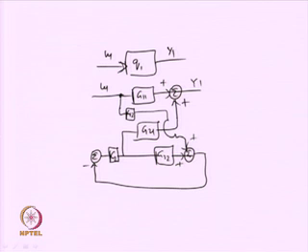So, how can we reduce this block diagram now? This can be reduced further considering C2, if I take minus C2 over here.